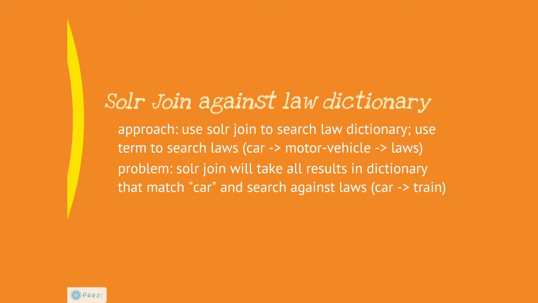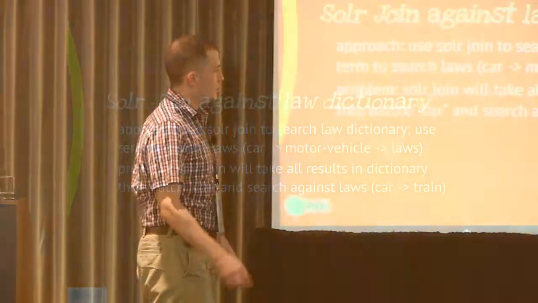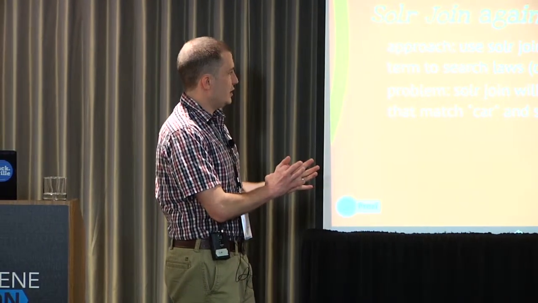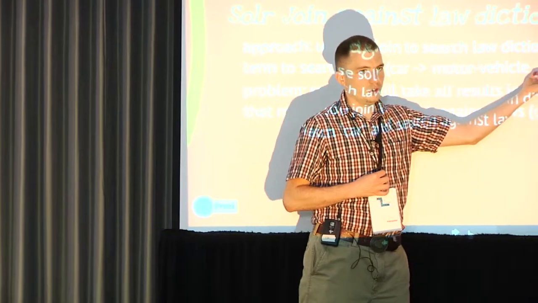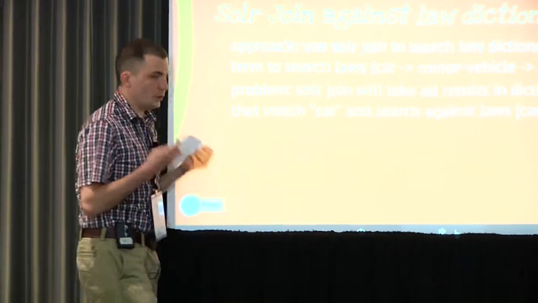Then take those top 5 terms, based on the relevancy of car in their definition, and turn around and search the laws against that. The problem is that it's a pretty blunt instrument. Solr takes every document that matches car, whatever thousands of them, treats them all as equal citizens for joining into laws, and it's not fuzzy at all. It's really built for IDs, taking all these IDs and matching them exactly with all these IDs. So that didn't quite work.